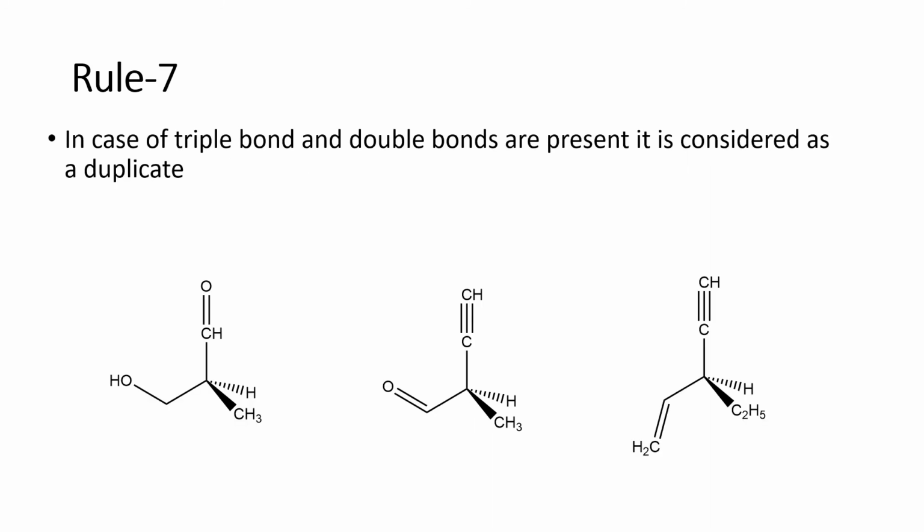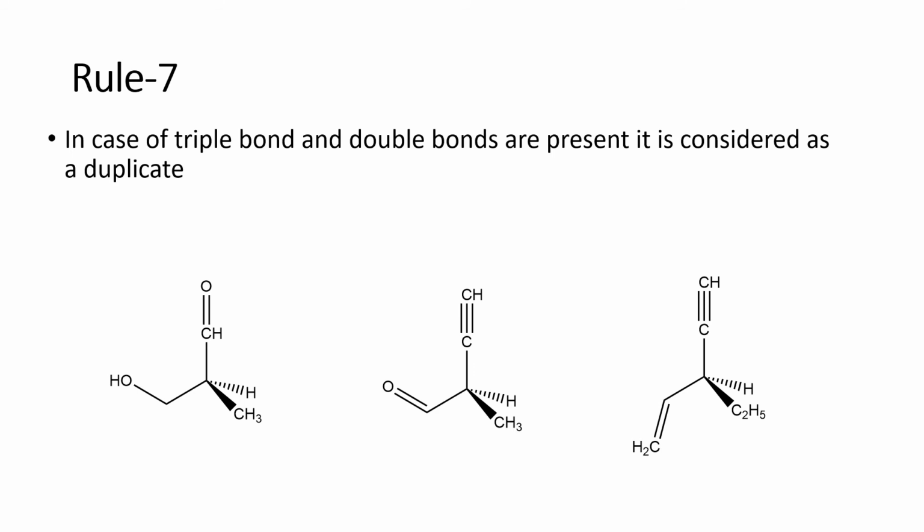So rule number 7. If the chiral center has a group with a double bond or triple bond, then consider that group as linked with a second one as a duplicate. Duplicate means, suppose you see the first molecule, here this is a CHO.